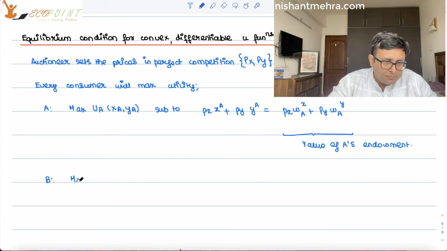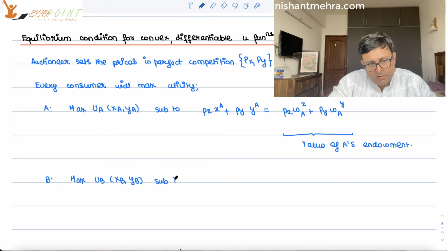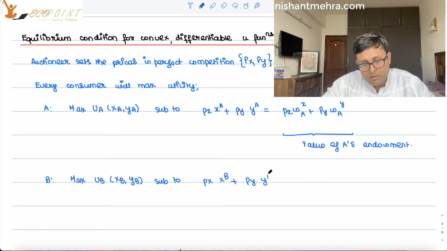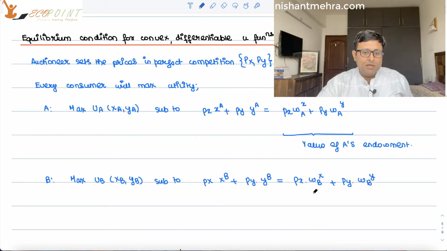Individual B is maximizing his utility subject to his budget constraint. What will this be then? PX XB plus PY YB equals PX WBX plus PY WBY.